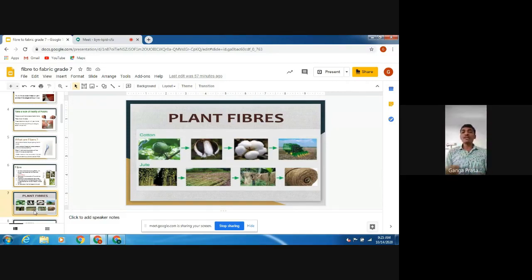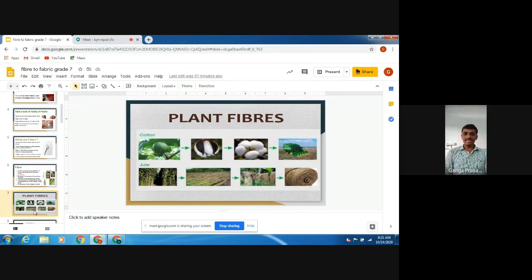So these are plant fibers. What are the examples of plant fibers? Cotton and jute. The first row is the cotton fiber and the second row is the jute fiber.